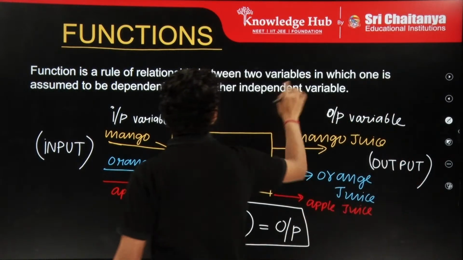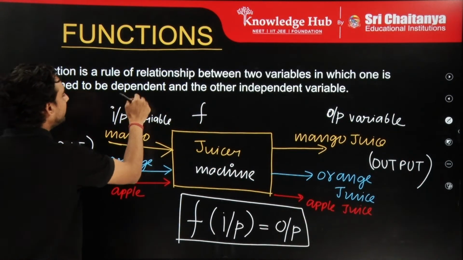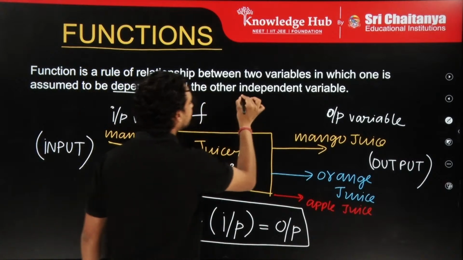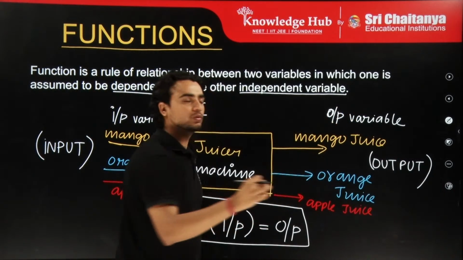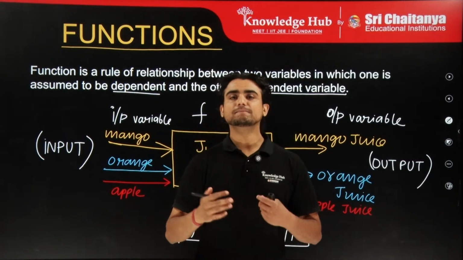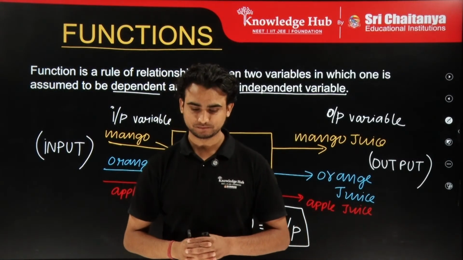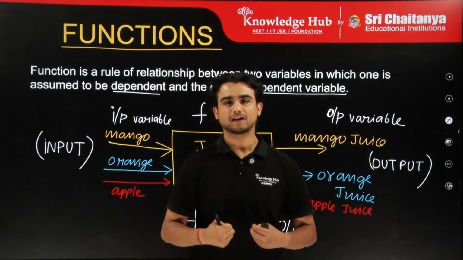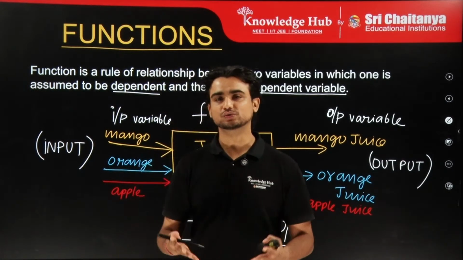In which one is assumed to be dependent and the other is independent. These two are very important terms. So what do I mean by independent and dependent? Now let's see. I want to drink an orange juice, right?